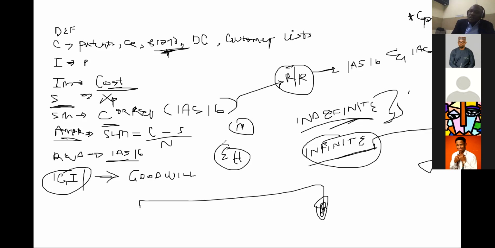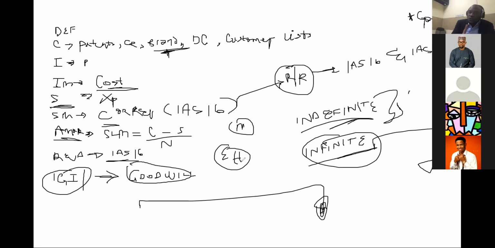And in other cases, there might be no guarantee that as a result of having these things, there will be economic benefits generated in the future, even though they are valuable to that business.